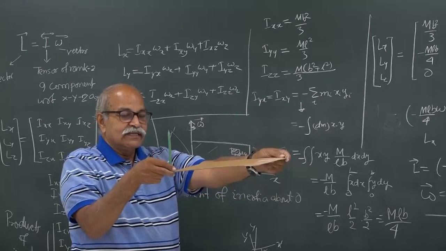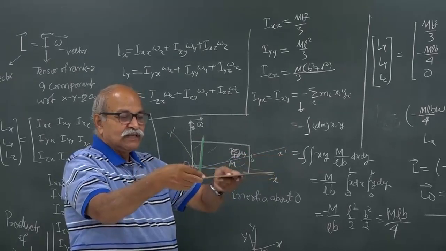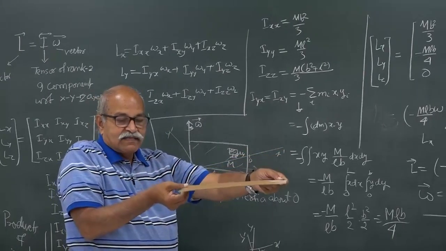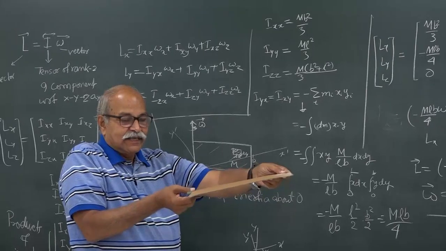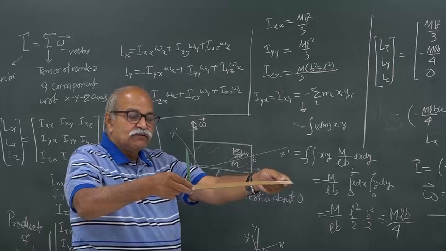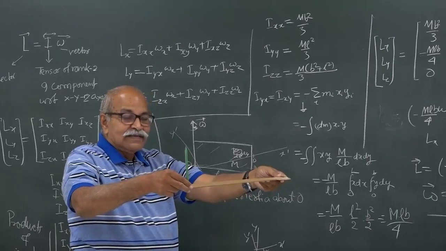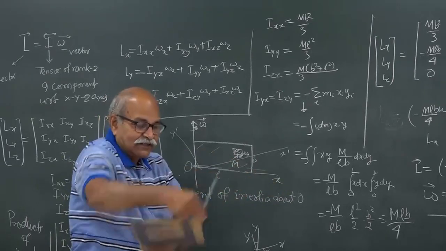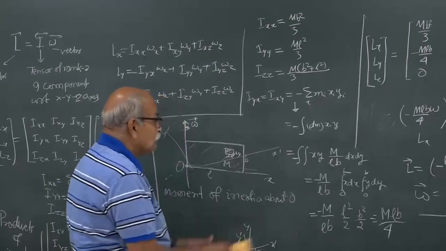Previously we had the y axis as the axis of rotation. The only change is that, with the same origin, omega is now along the z axis.